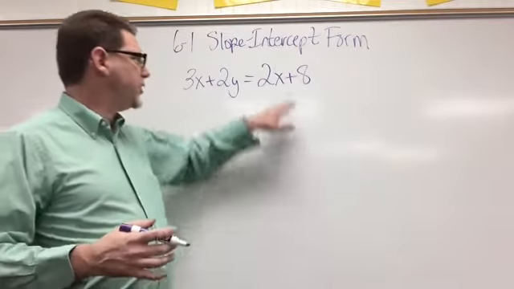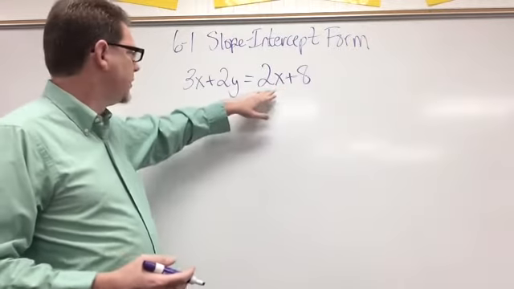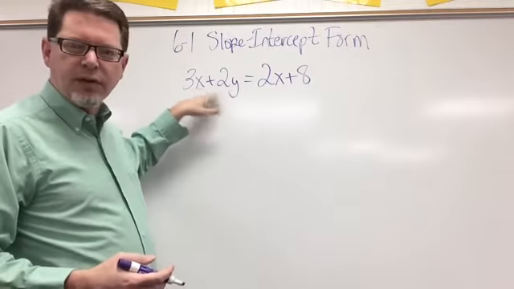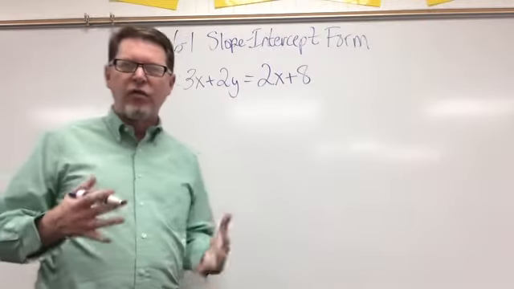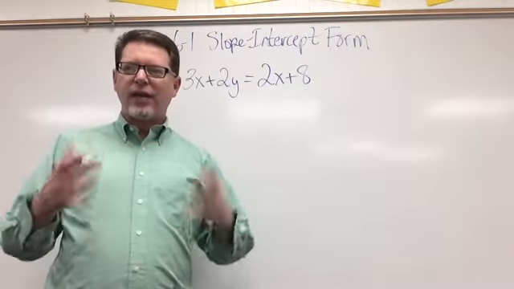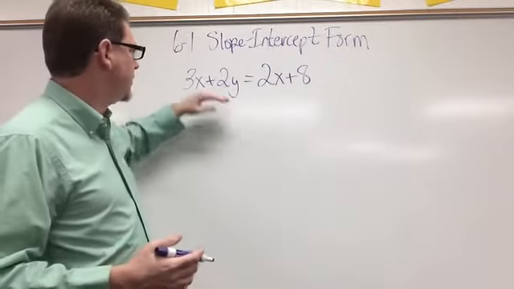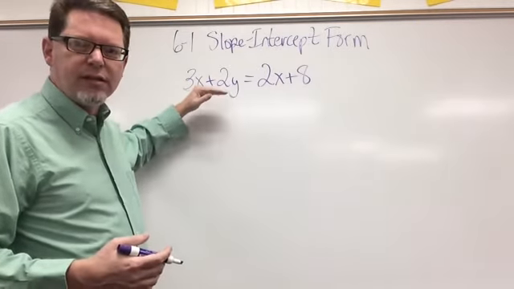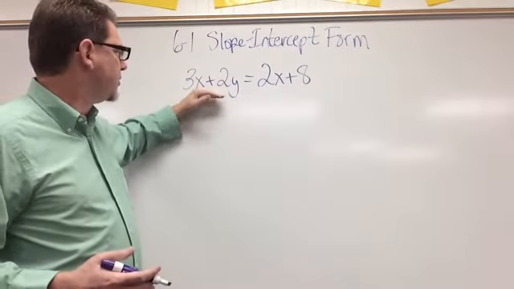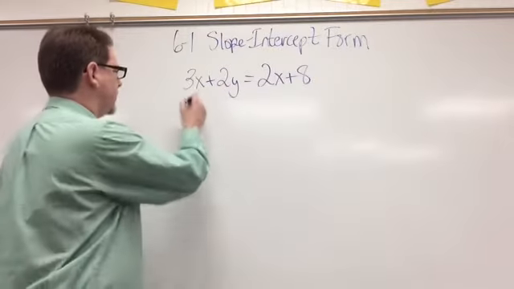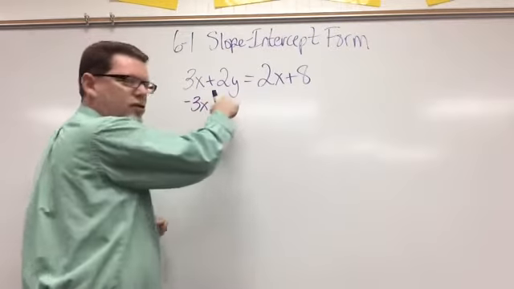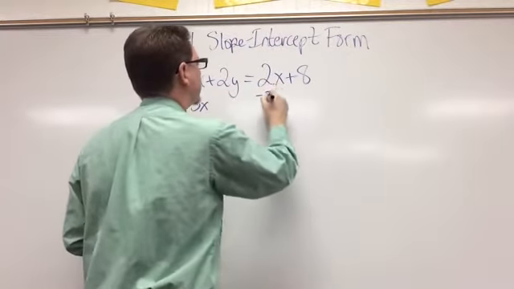Well, in this case, if we started with the smallest variable, my x's would end up on the same side as y, and I don't want that to happen because I've got to get y by itself. So in this case, I'm going to do SADMEP basically. I'm going to subtract 3x from both sides so that I can start getting y by itself.